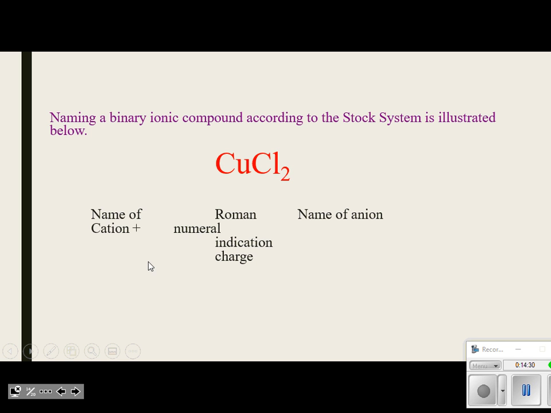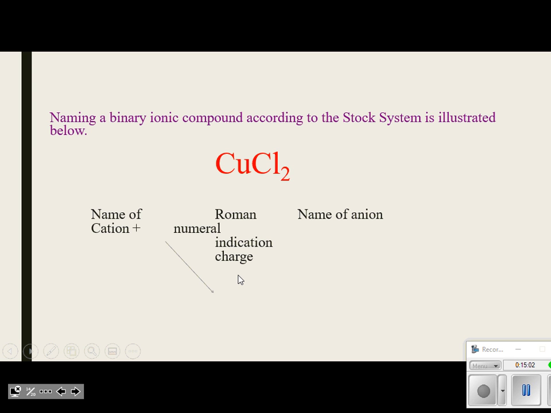So, what I do is I get the name of the cation. I get the name of the anion. And I see if I need a Roman numeral. So what is the name of the cation in this specific instance? Let's start back here with Will. What is my cation? It's copper chloride. Okay, the cation's only got to be one of them.